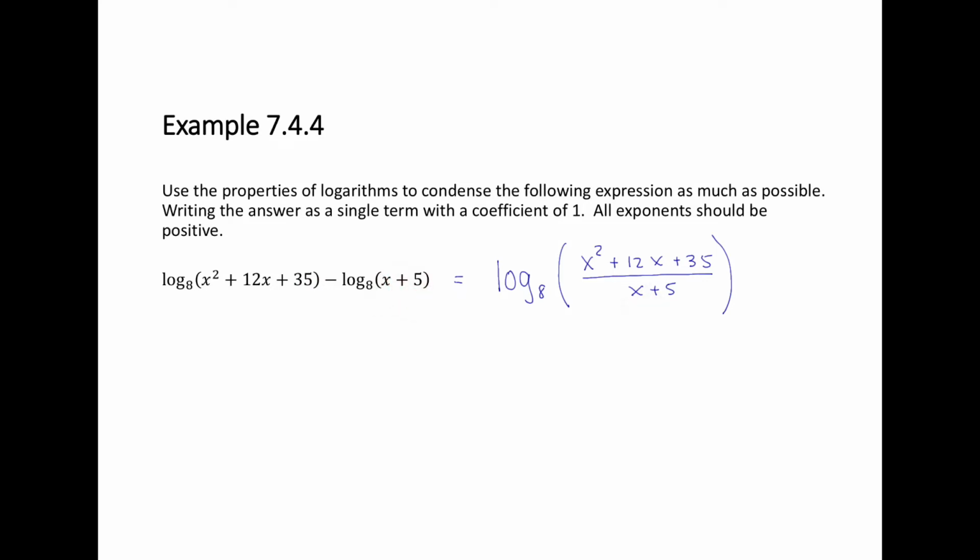Okay. Now we are going to work on simplifying this. This will still be log base 8. And that top will factor into x plus 7 times x plus 5. And that's still over my x plus 5.